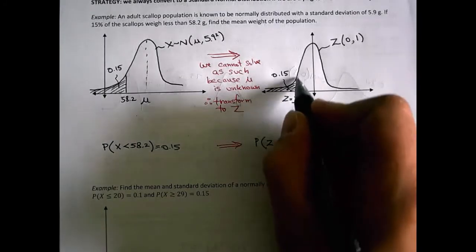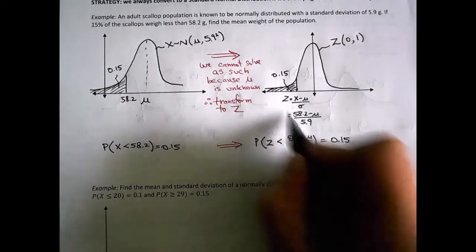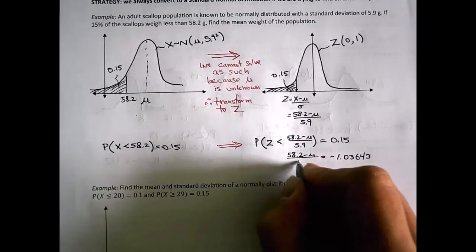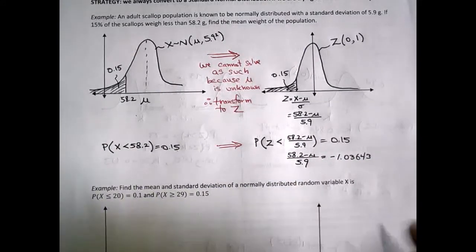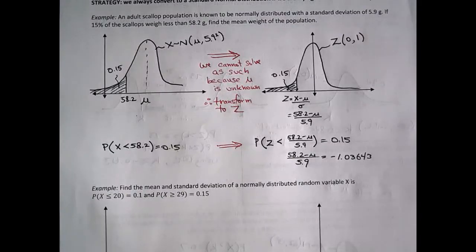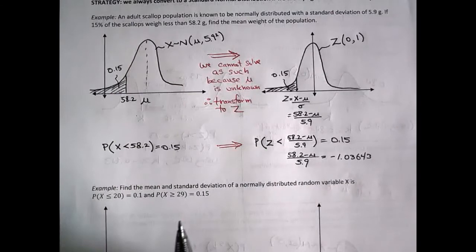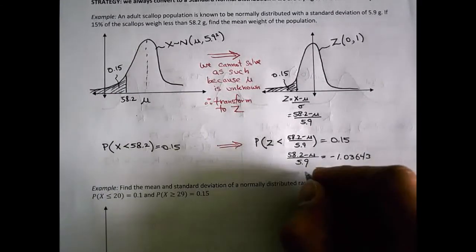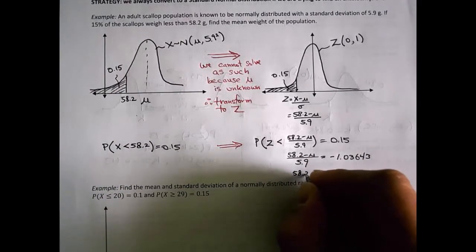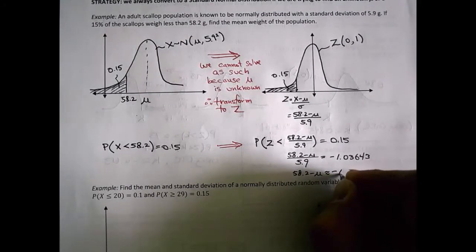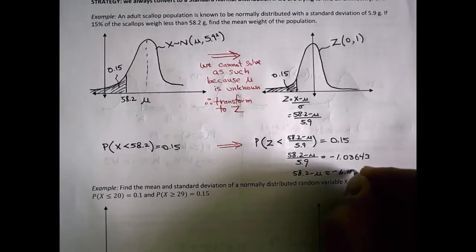Again, it's not called K this time, it's called 58.2 minus mu over 5.9. That's confusing, but really this is easy solving now because I just have to isolate for mu. So I'm going to cross multiply, so I get 58.2 minus mu is equal to negative 6.11496.